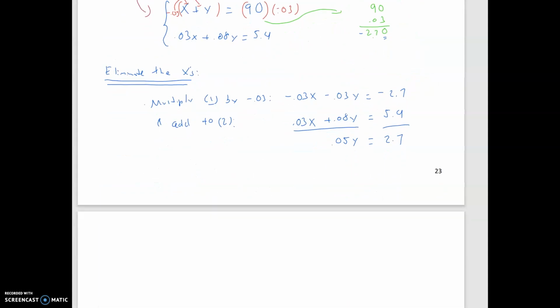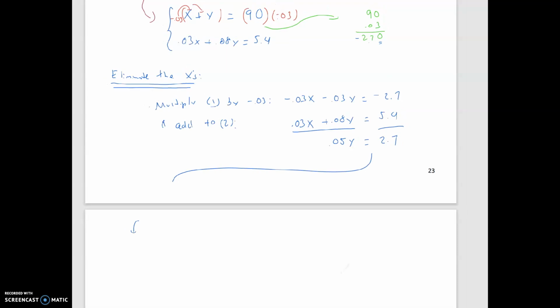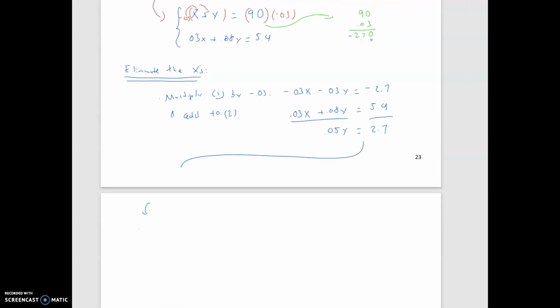At this point, let me move the problem here. We still have 0.05y equal to 2.7. So we're going to divide by 0.05.